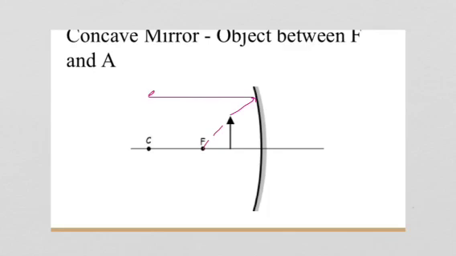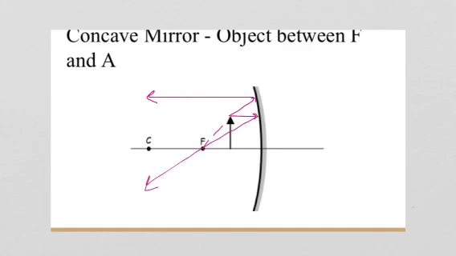We will reflect parallel. And again, if we reflect an incident ray that reflects parallel, we will reflect through the focal point.